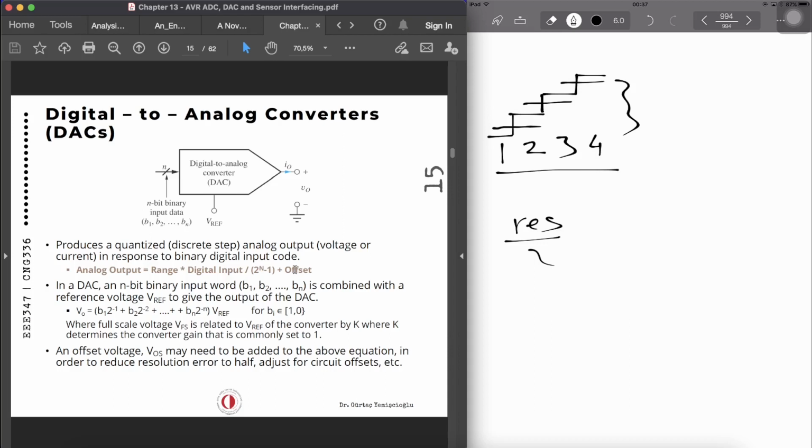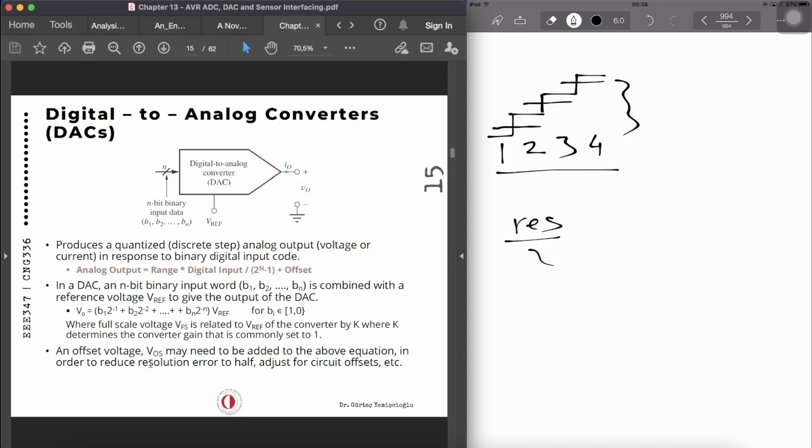That's why we use these offsets. So this is why we sometimes have an offset, and we already talked about it in the conversions in our previous examples, and we also talked about the offset that may be coming from trying to minimize resolution error. And also sometimes we put offsets in order to calibrate the offsets in the circuits themselves. So that's why we have got this offset voltage and so on.